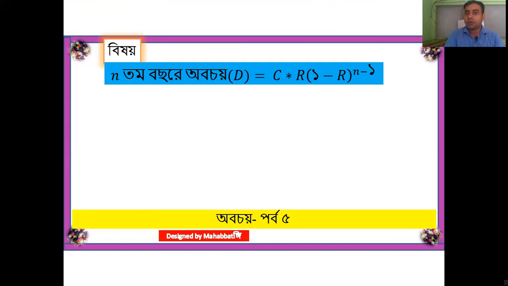Depreciation for a period: D equals C into R into (1 minus R) to the power n minus 1. That means D for depreciation, C for cost of acquisition of the asset, R for rate of depreciation, and 1 is given in the formula, and n means number of years.